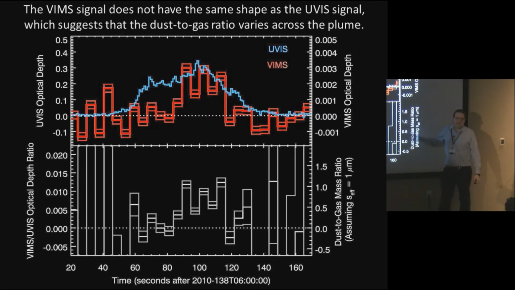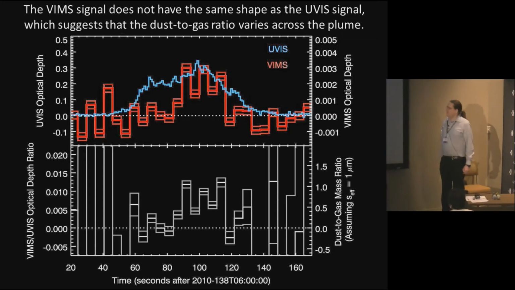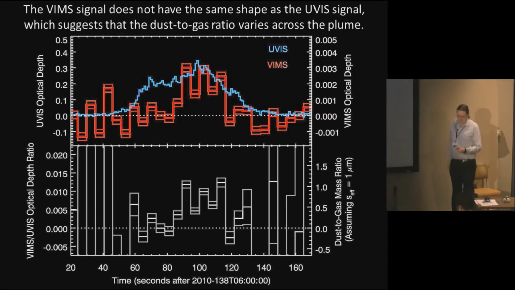Okay, maybe it's 0.5, maybe it's 1. But in this early part, the UVIS signal is actually about the same. But the VIMS signal's gone. And that's significant. At this point, the optical depth ratio is now down around 0.1%. Maybe an order of magnitude less, maybe a factor of 2, depending on how you want to do it.